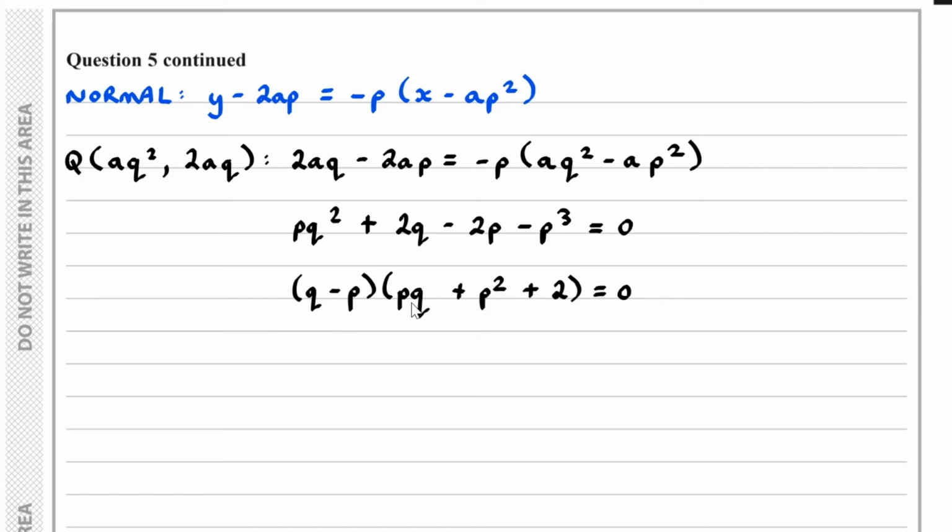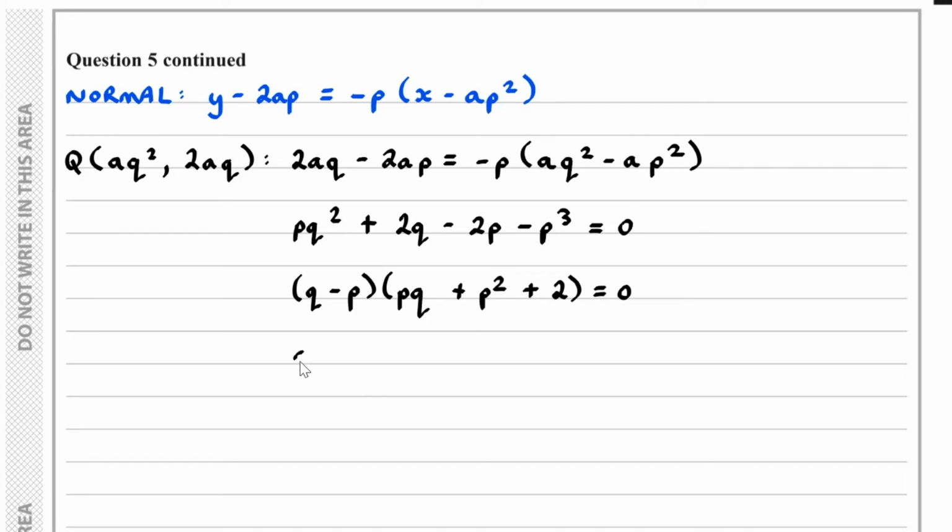So q times pq gives pq², then 2 times p² gives... and then we've got 2 times q, that's 2q, and we've got -p²q, and then we've got -p³ - 2p.